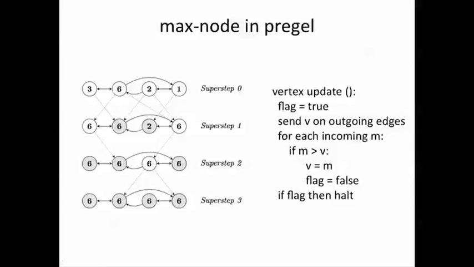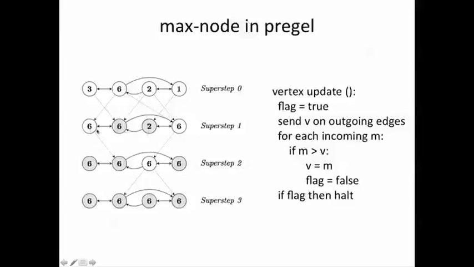But 3 becomes a 6. Similarly, 2 gets a message from 1, but it doesn't change because 1 is less than 2. But 1 gets 6, so it changes. So 6 and 2 did not change, and therefore they halt. So they are shown as shaded.